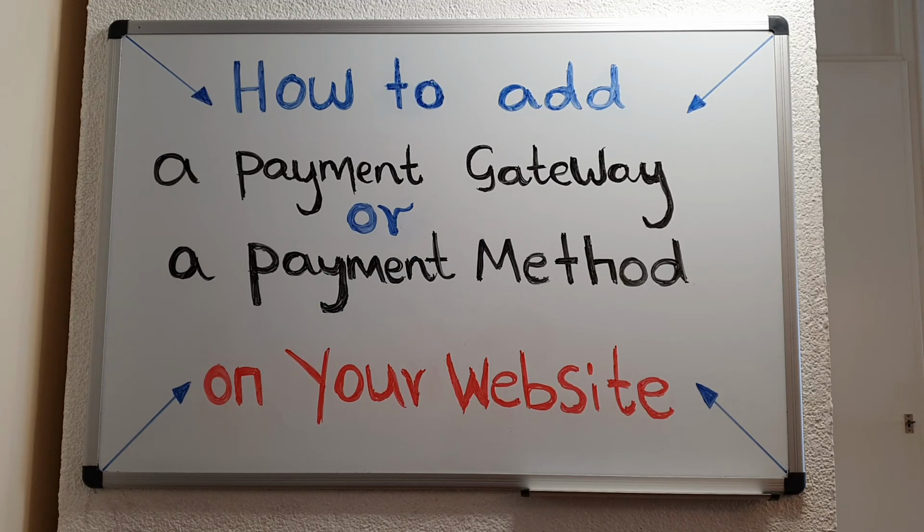And the final step, or rather, sorry, the fourth step on how you add a payment method on your website is step 4, add payment methods. You can integrate the payment gateway to your website with the support of the web host provider.